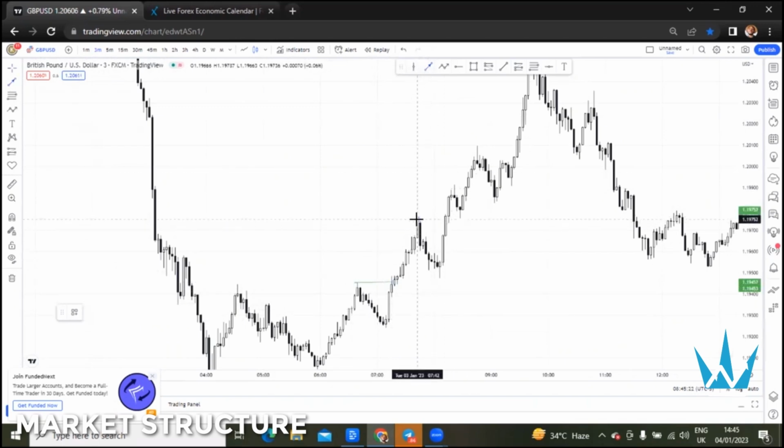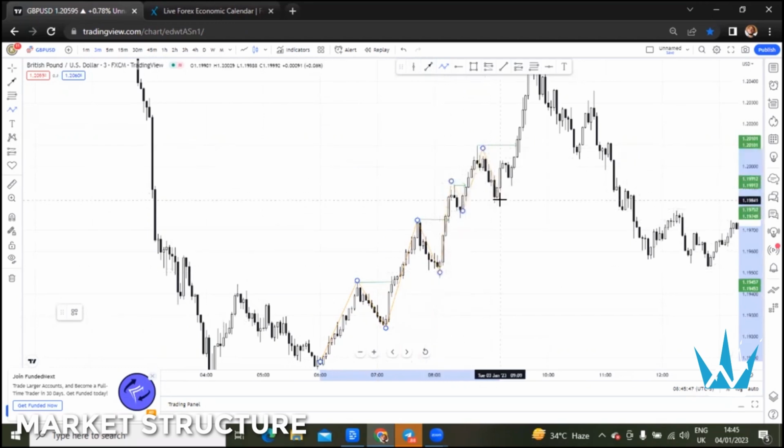Can you see? Another high was taken out. Another high was taken out. So you can see how it's moving, just like the former skeletal drawing I did. Pull back, go up, pull back, go up, pull back, keeps going up, just like that. This is called an uptrend market.